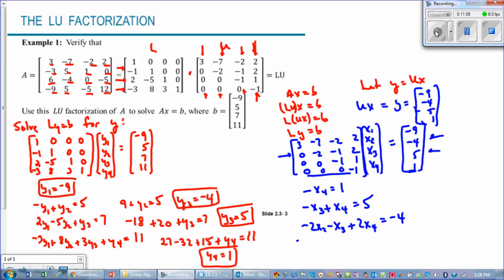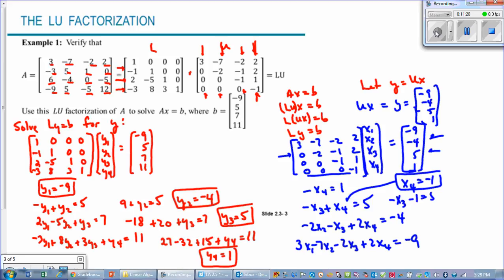And then finally, the top row, 3x1 minus 7x2 minus 2x3 plus 2x4 is equal to negative 9. So now, we know from the bottom one that x4 is negative 1. Plug that into the third equation, and we get minus x3 minus 1 is 5, which means x3 is going to equal negative 6.